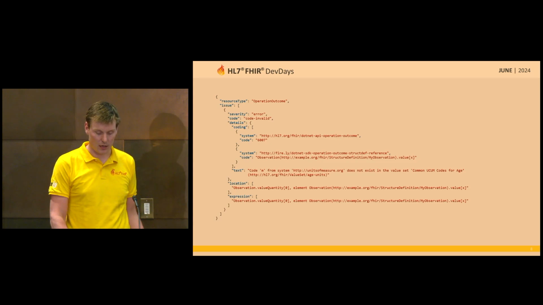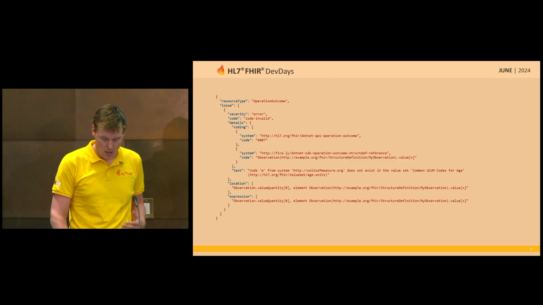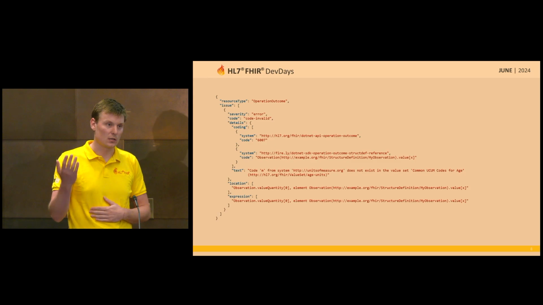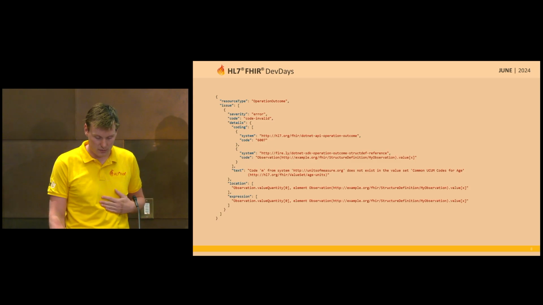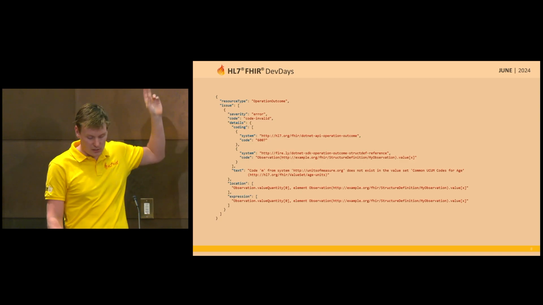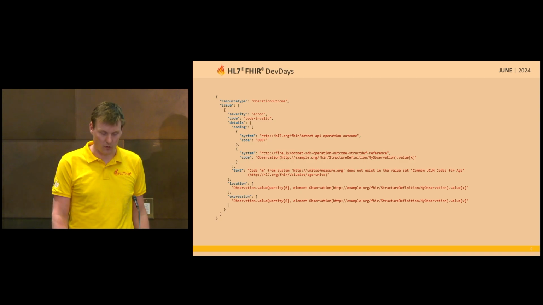In this case, it says the code M is not a valid code for actually H units. It will have to be MO for months. So you'll see this observation had an invalid code in their value X. There's also a location and expression where you can see the FHIRPath field of where it actually occurred.